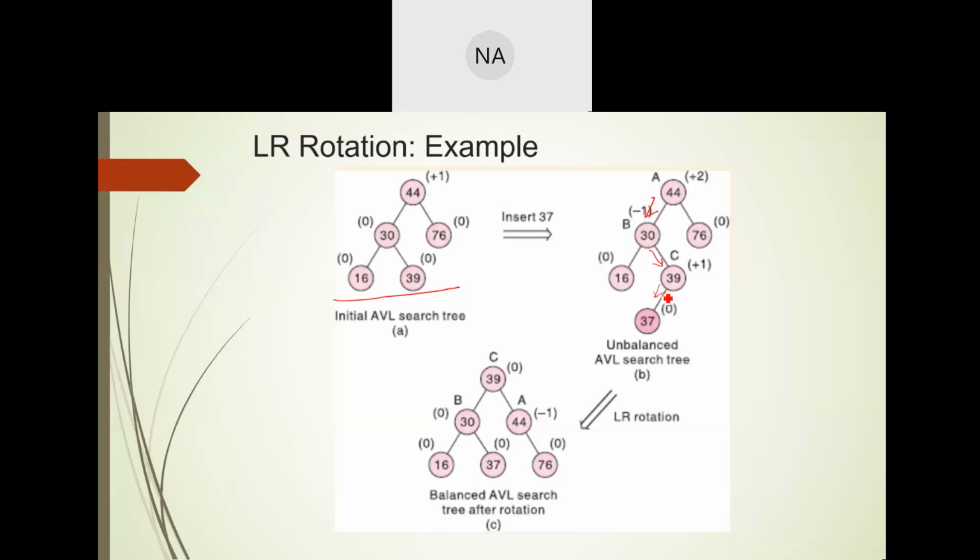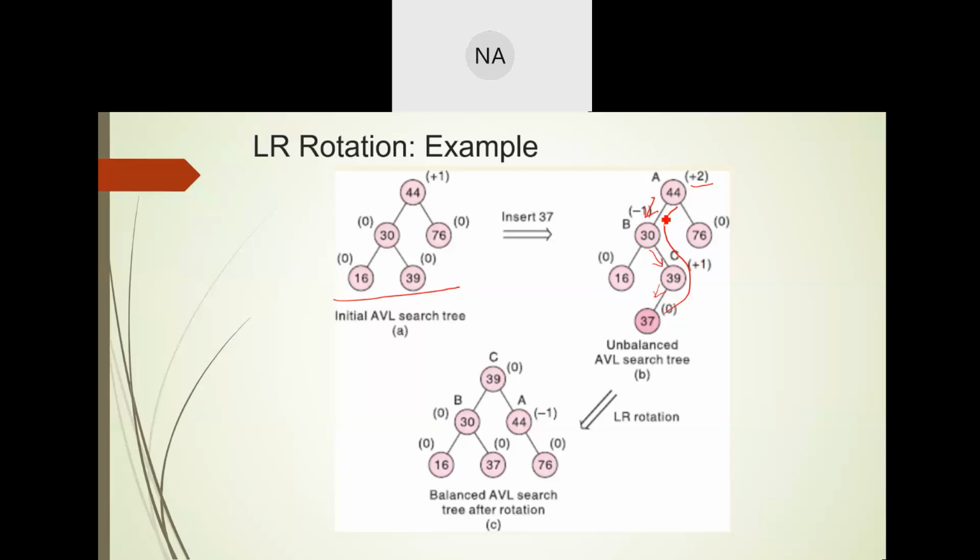Now after insertion of 37, you calculate the balance factor of each node, and you find that the balance factor of A now becomes +2. So now you find node A. The path from the inserted node to the root node is this, and the balance factors of all the nodes are calculated.